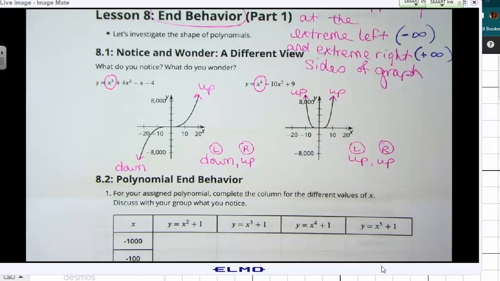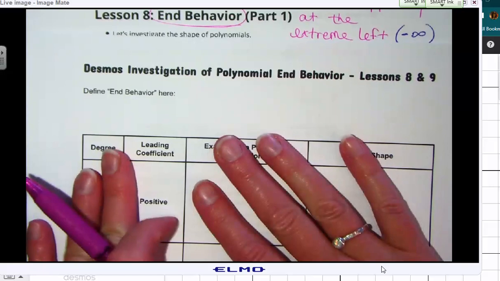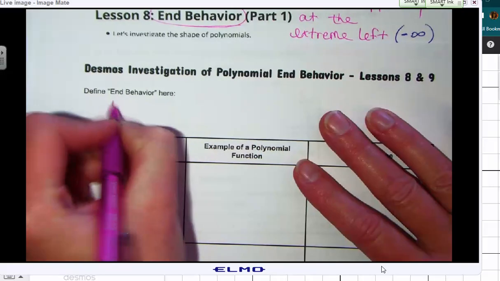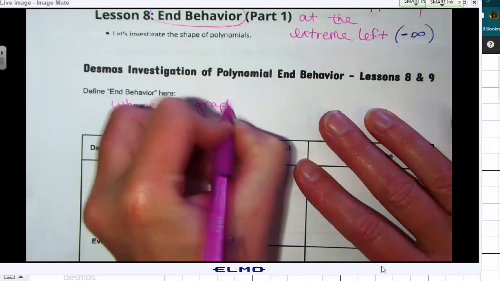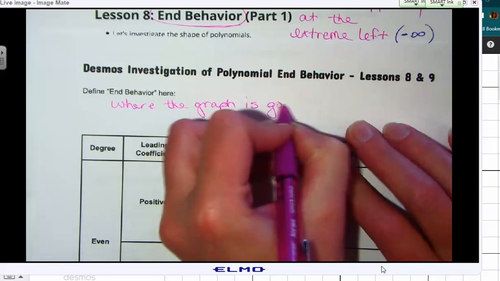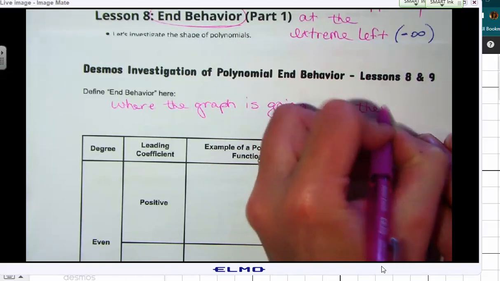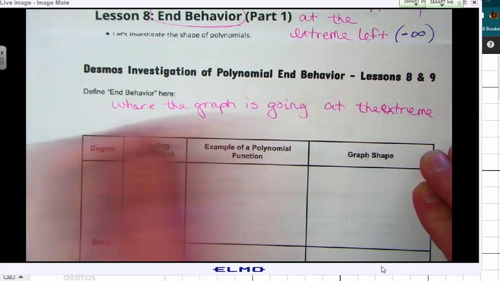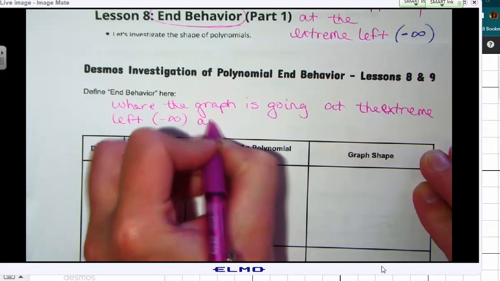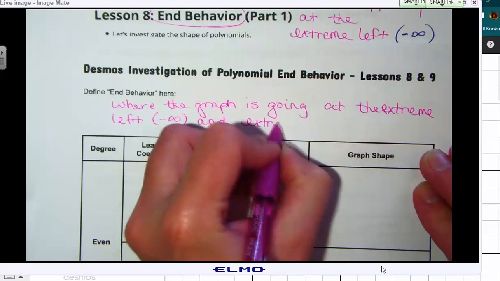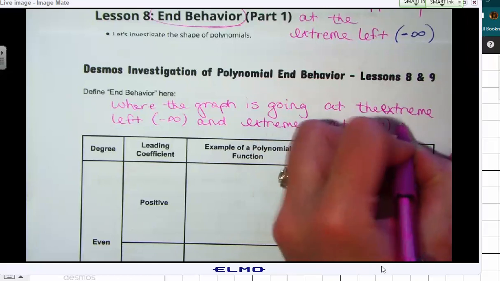Okay, so let's go to our chart and let's start writing down some of this idea. When we define end behavior, we're talking about where the graph is going at the extreme left, negative infinity, and the extreme right, positive infinity, sides of the graph.